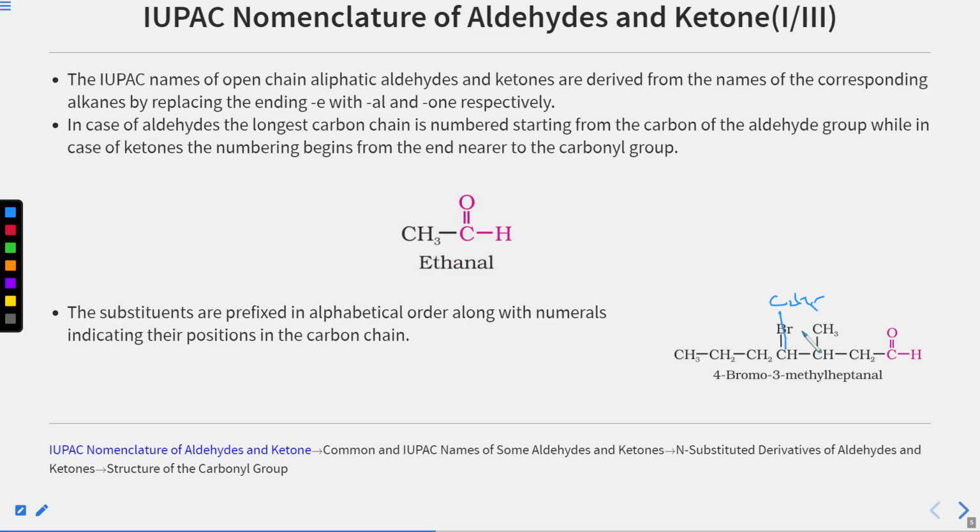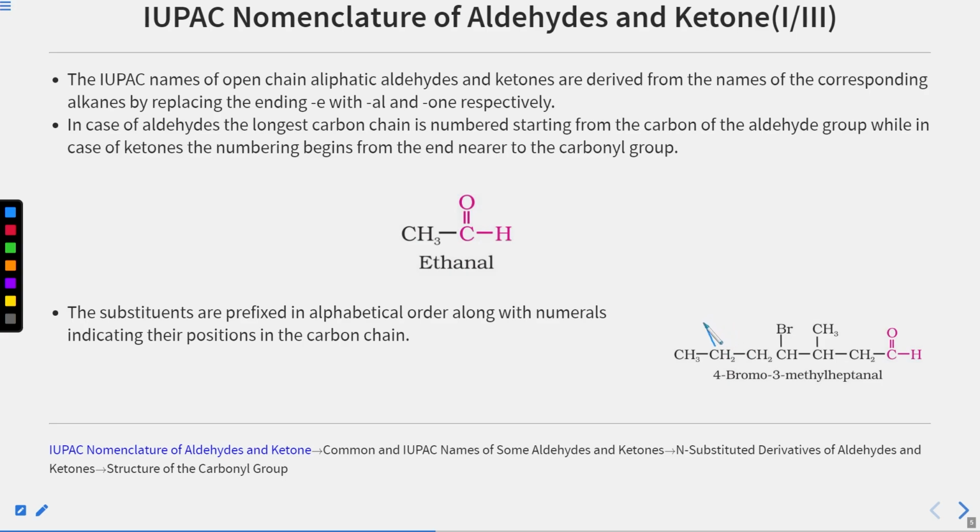So ethyl starts with this E, so it would be the same order, 4-bromo. Now put 2 hyphens before 3 and after 3, then write ethyl and then the rest of the name, that is heptanal.